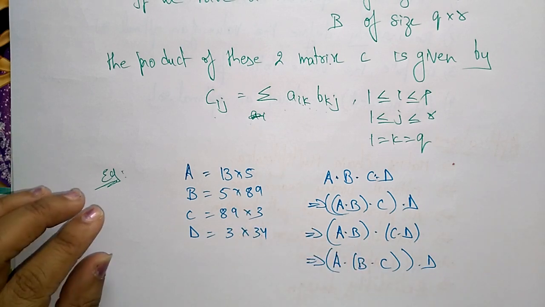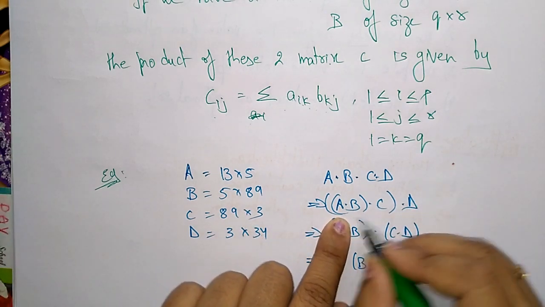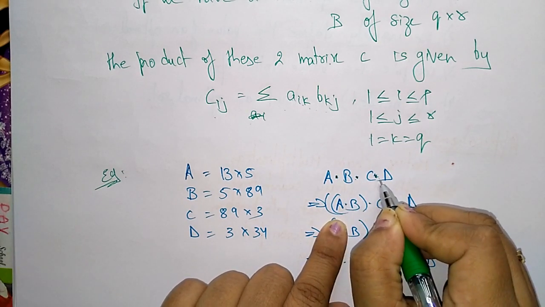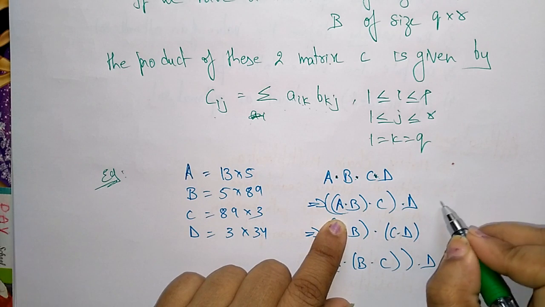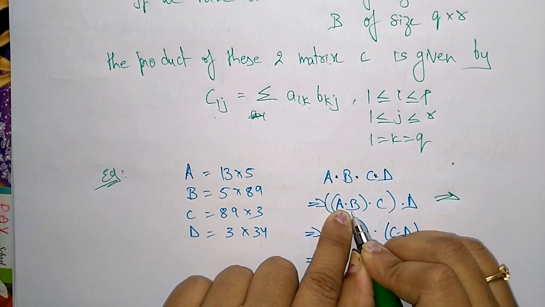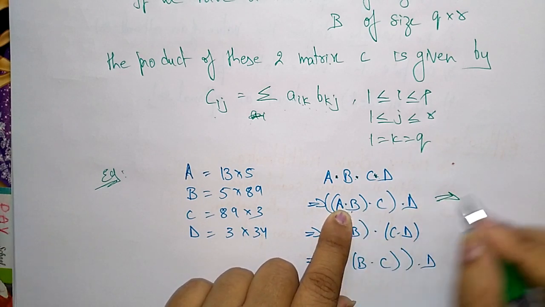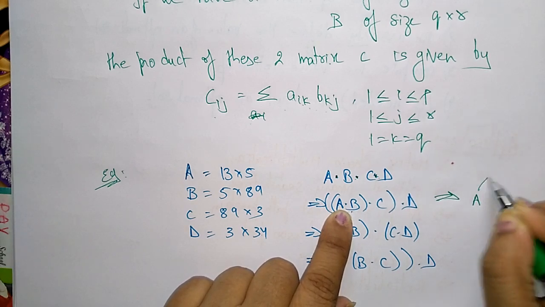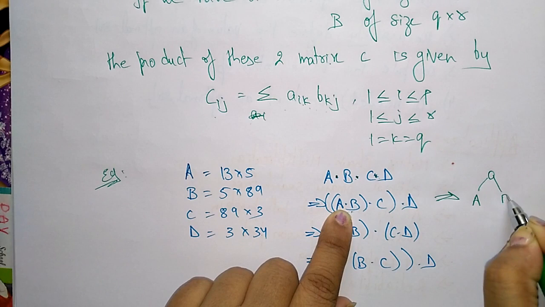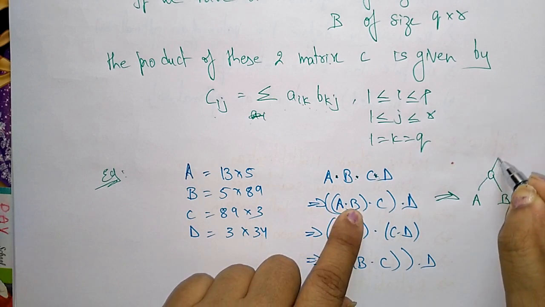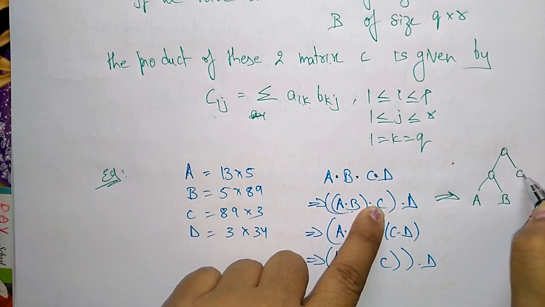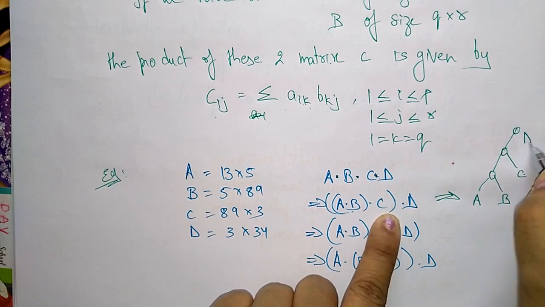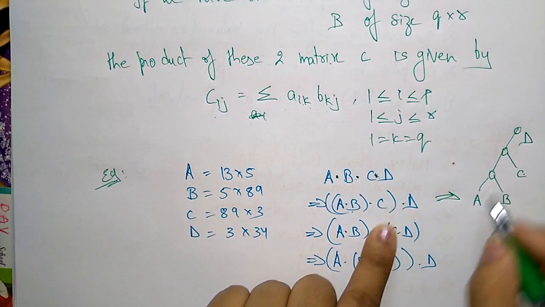These can be represented in tree structures. Here we have three multiplications, so totally you have only three nodes. First you can multiply A dot B, then the result can be multiplied with C, and this complete result can be multiplied with D. So this is one tree structure.